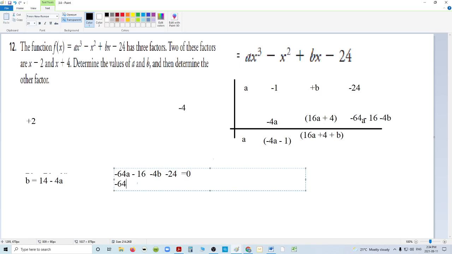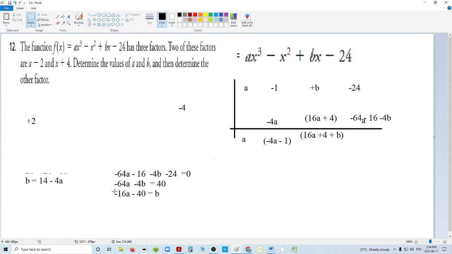So I get minus 64a minus 4b is equal to 40. I can divide everything by 4. Minus 16a minus b is equal to 10. You can also do it this way if you want. You can say, okay, put the minus 40 on this side, is equal to b. Now you have two equations that equal b, right?